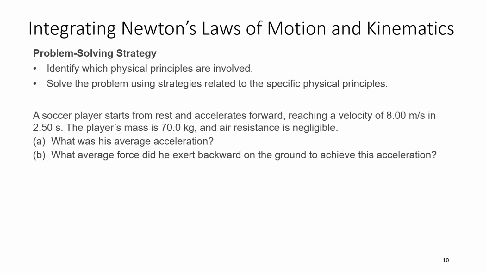According to Newton's third law of motion, the average force the player exerts backward on the ground is equal in magnitude to the net external force on the player, which is the force that causes the player's acceleration. Since we already know the player's acceleration and his mass, we can use Newton's second law to find the force exerted, which is 224 newtons.